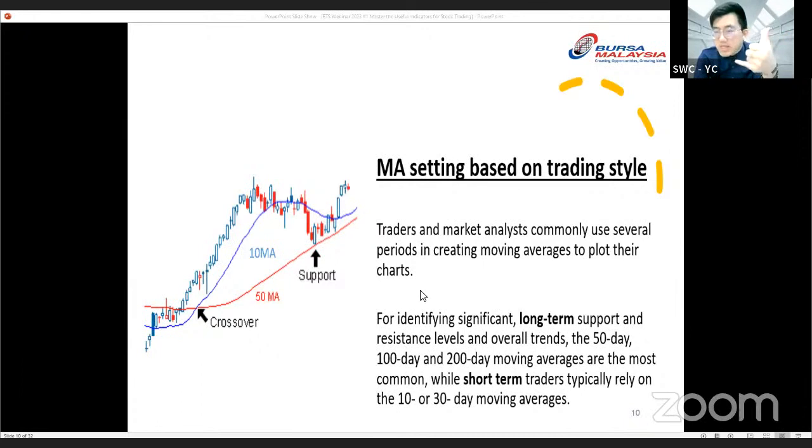Maybe you can mix 60 days with 120 days. So this is the range that you all can flexibly switch around. But for mine, I will usually go for the 3 setup, which is MA 5, MA 10, and MA 20.